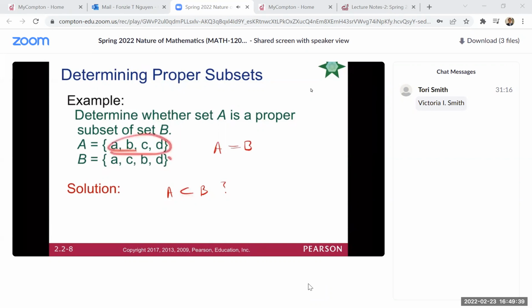So these are equal to each other, even though they're not in the same order. So that makes it not a proper subset, but is it a subset? Yeah, it is a subset, but it's not a proper subset. So it's just a little tiny difference. The only difference is that it cannot be equal, and this one is equal. So that's why it's not a proper subset, but it is a subset.